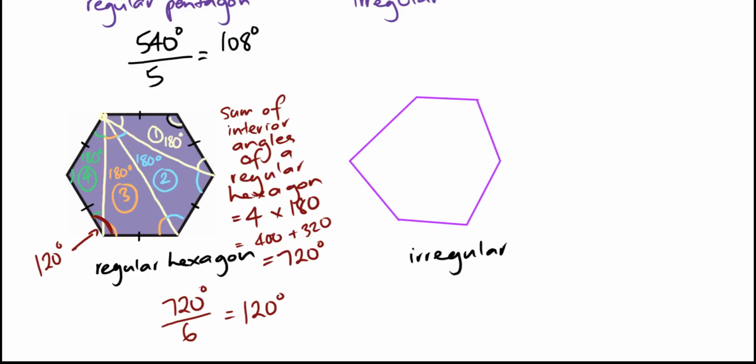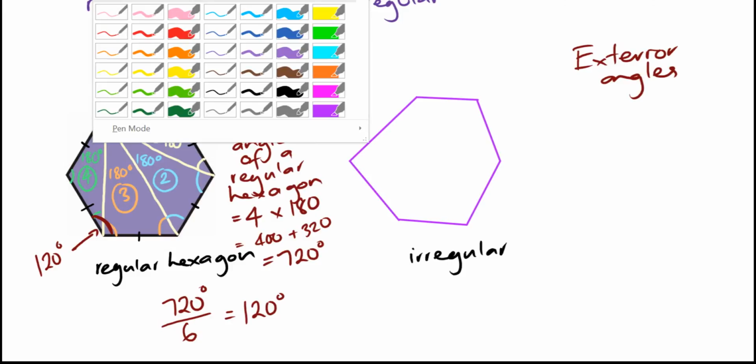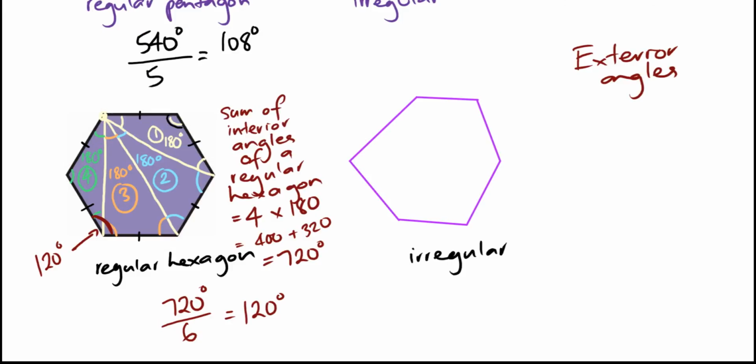One last thing to do with polygons is to look at something called the exterior angles. Exterior angles. And I'm going to use this irregular hexagon here. So what I want to look at is, if you take one side, so if I take this side here, I'm just going to extend that side out like that.